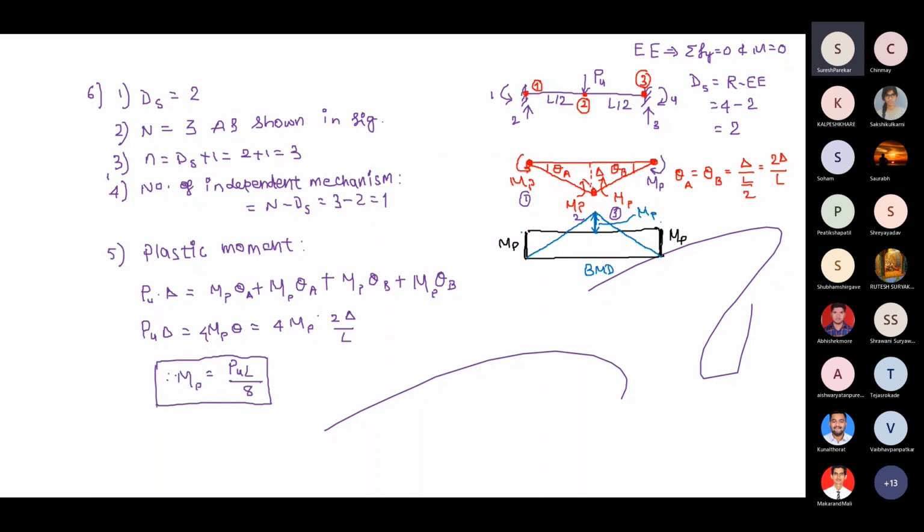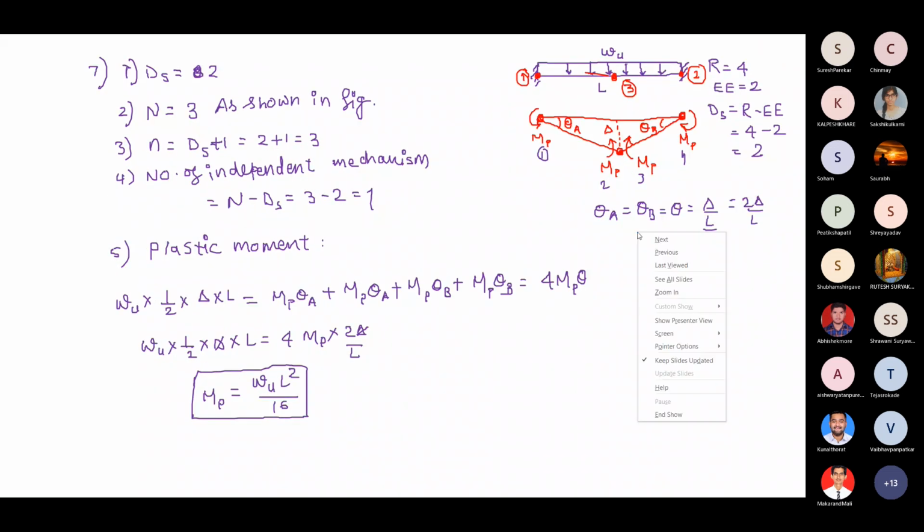So this is MP at end and at center again we have MP. In the same way again at end we have MPs.